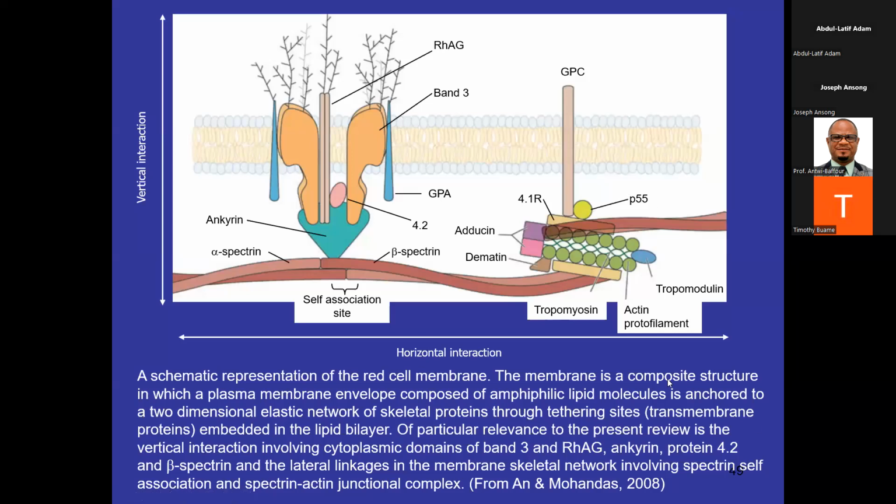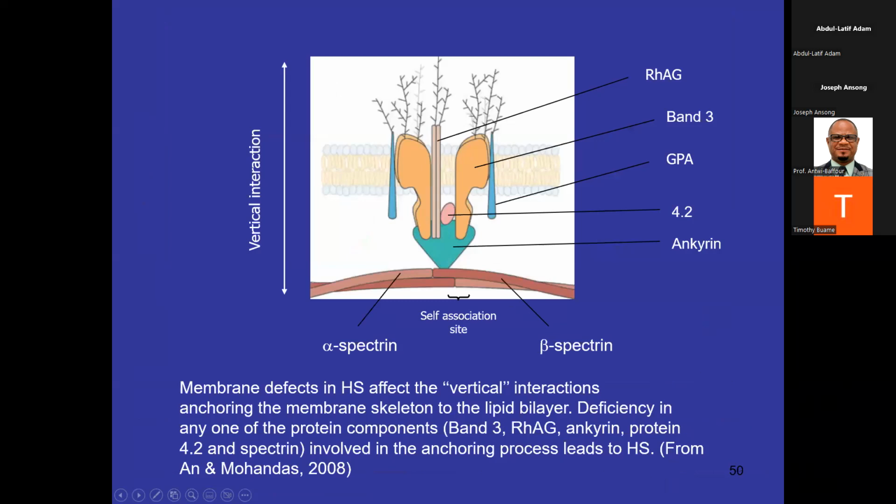So any congenital condition that causes somebody to have a defect in any of these proteins may result in them developing different shaped red cells because of the defect in the cytoskeleton. Okay, so in the vertical instance, we say the membrane defect is in the hemolytic, the spherical cell. They affect the vertical interaction.